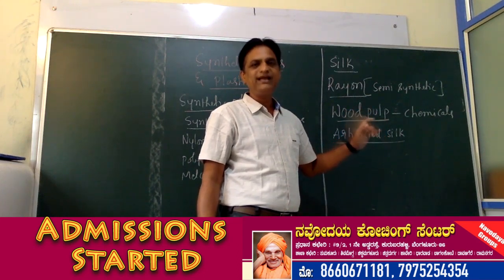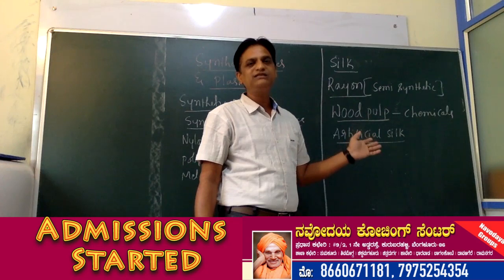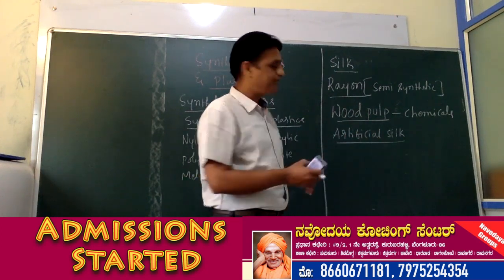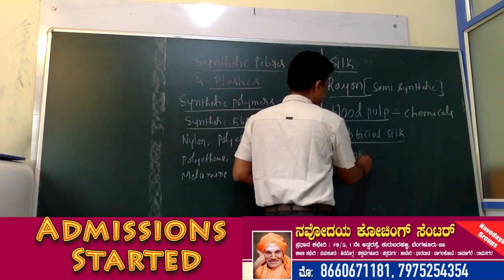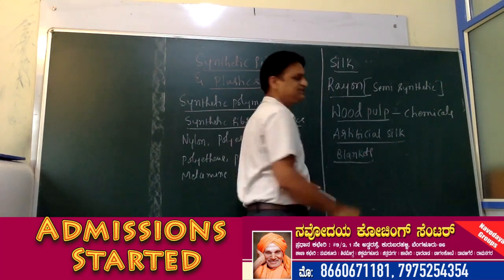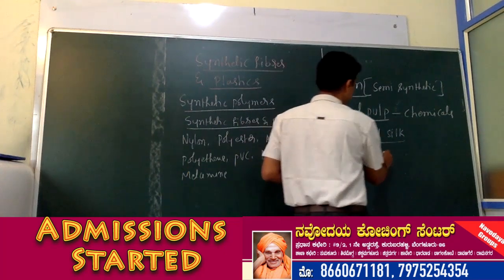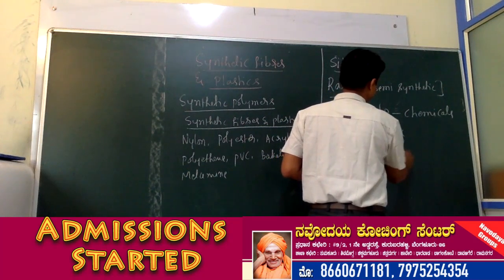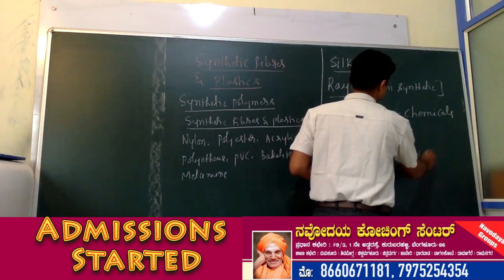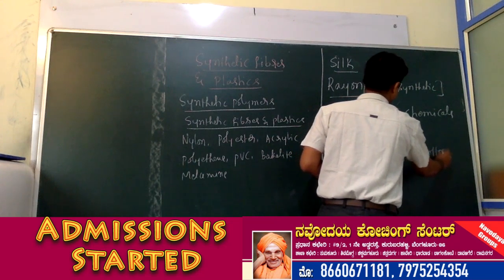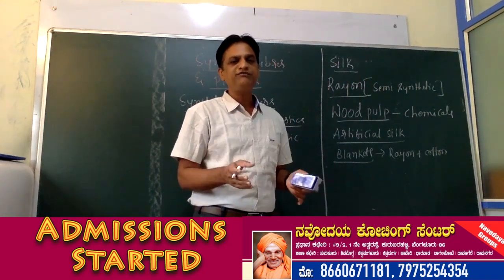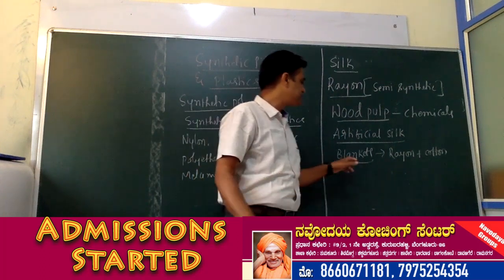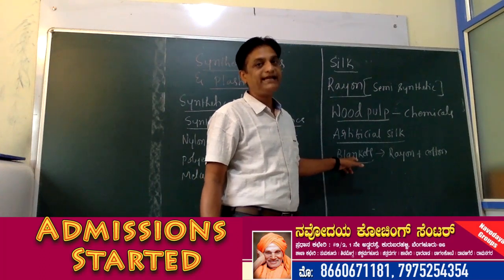And this rayon fiber was mixed with cotton to prepare blankets. So by mixing rayon and cotton, we can get a new type of material which can be used to prepare blankets.